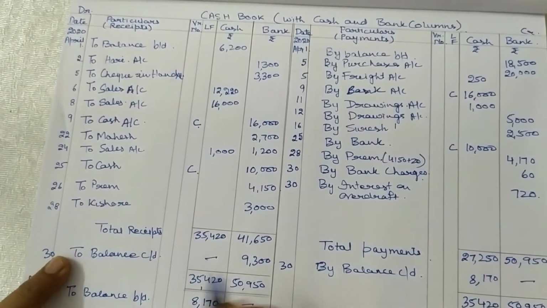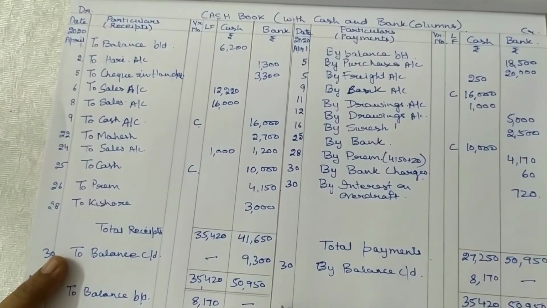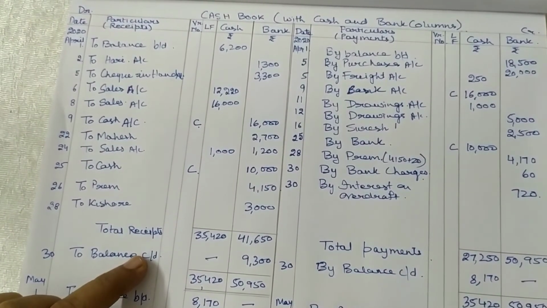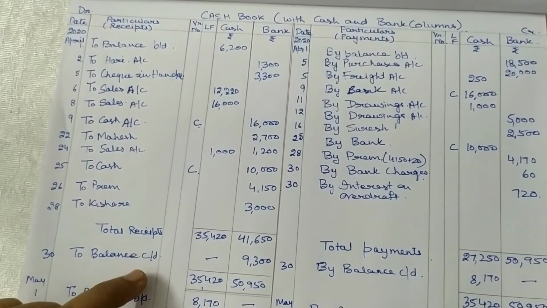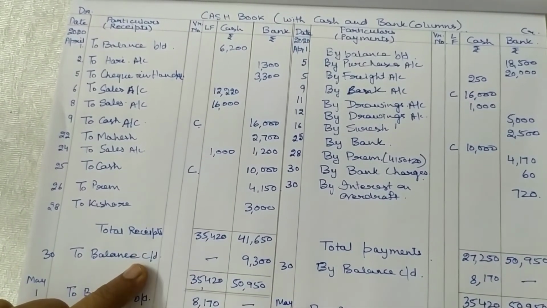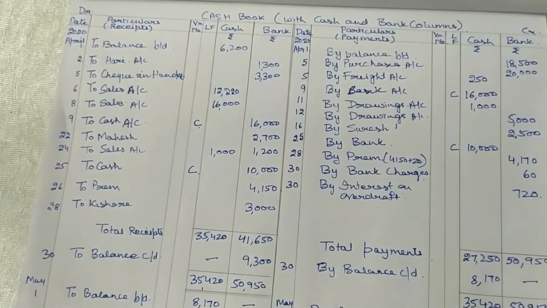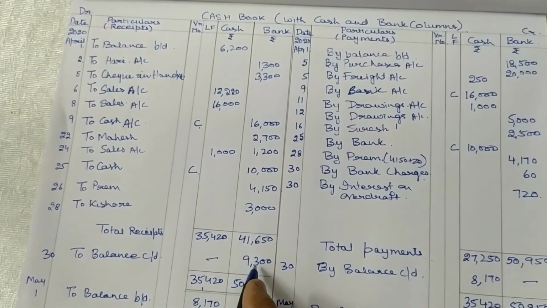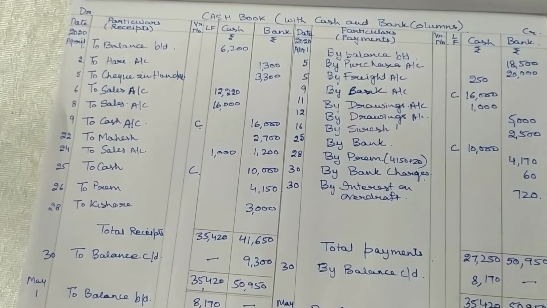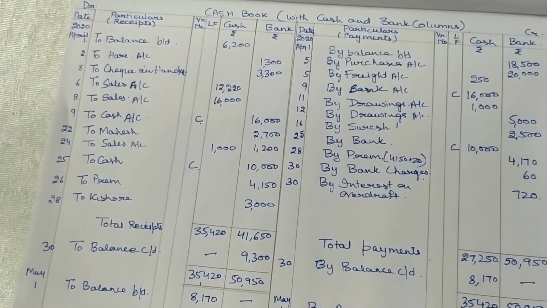And the balance carried down in bank column, you have to write May 1 here and to balance brought down. Here you have to write carried down, here you have to write brought down on the first day of next month. This is the bank balance, so bank overdraft balance.